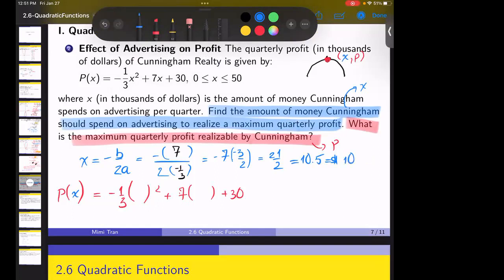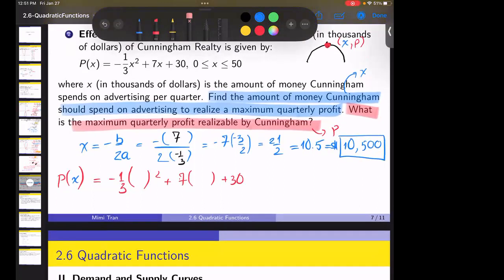So 10,500. I'll plug in 10.5 first, and then I'll change it to thousands.